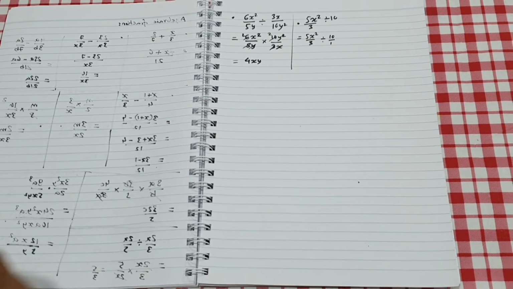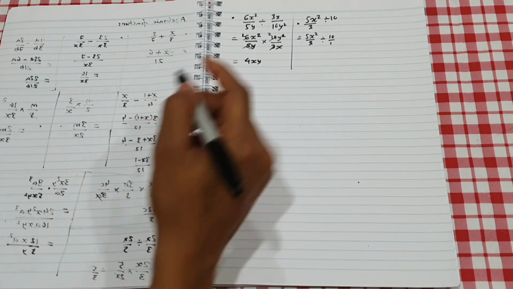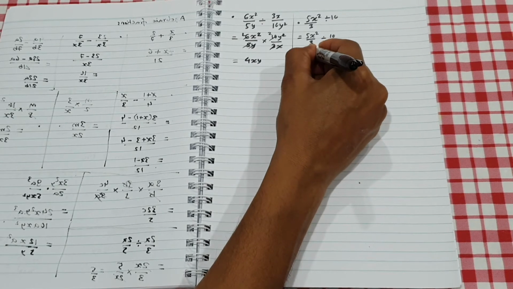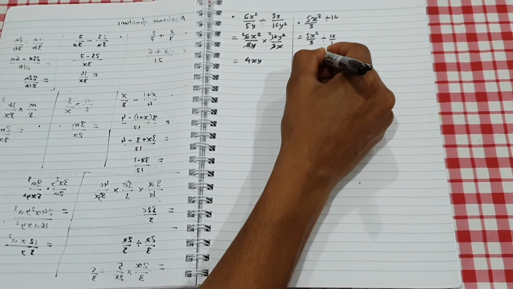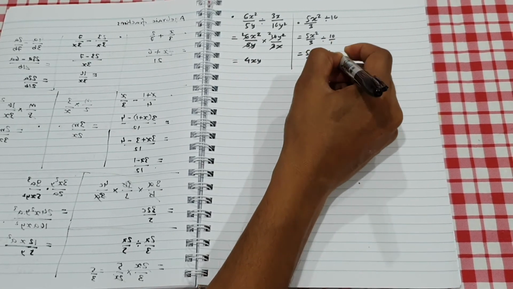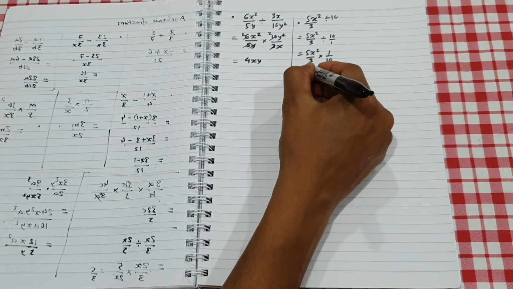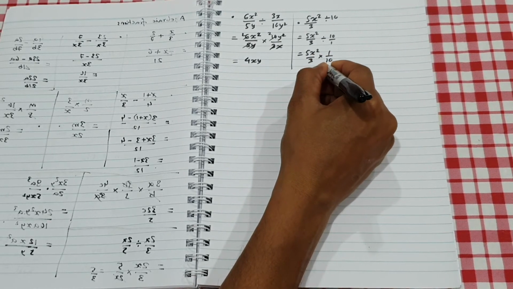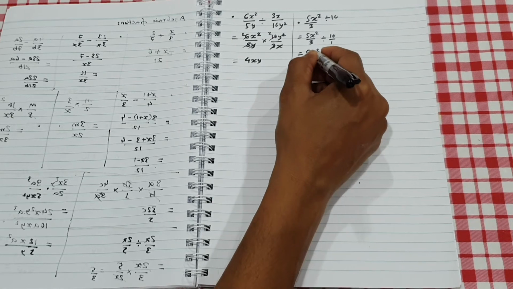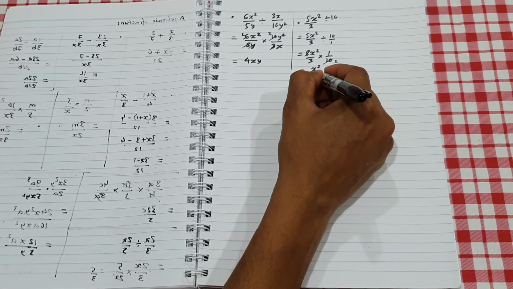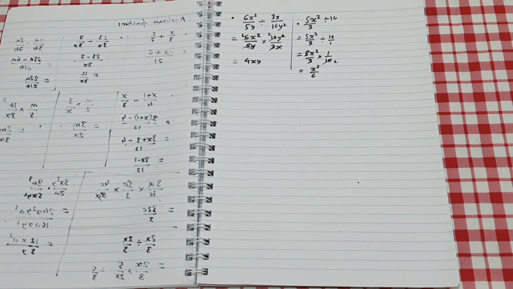Anything you can take, then anything by 1. So if there is a number which is 5, that can be written as 5 by 1 if you have to write in fractions. 5x square by 3 times 1 by 10. This gets cancelled. You get x square by 6. That is your answer.